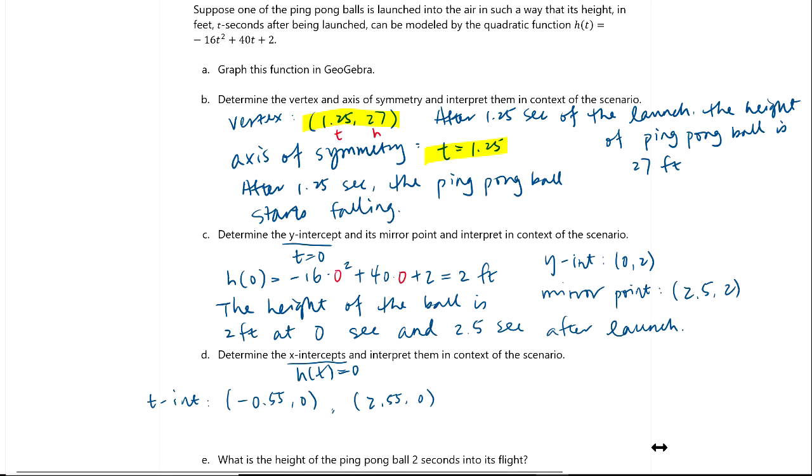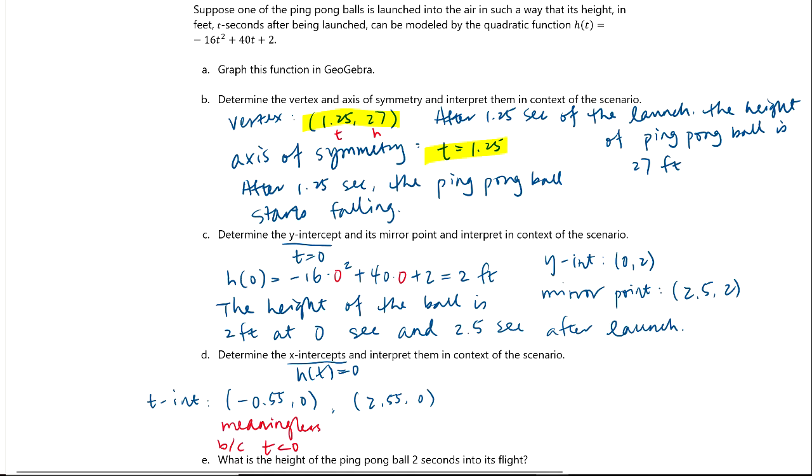So based on this, we can say that this point with a negative coordinate is meaningless in the context, because t is less than 0. And we can't really interpret a negative time.